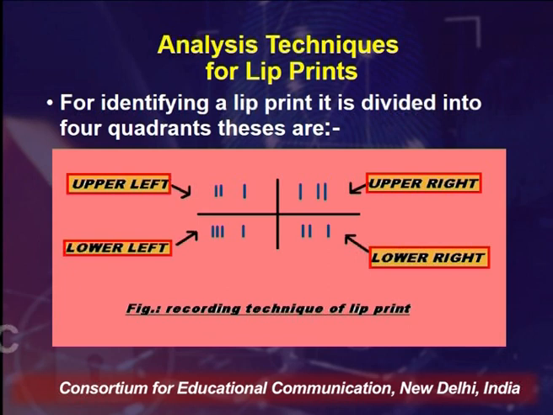From the center of the upper lip to the center of the lower lip, we can put an imaginary line vertically, and from the left of the lip to the right of the lip in the center, we can put a horizontal line. So we have the upper left and the lower left, and the upper right and the lower right.